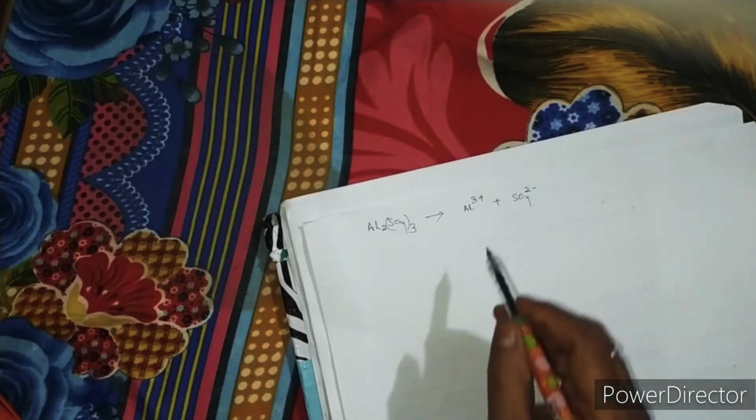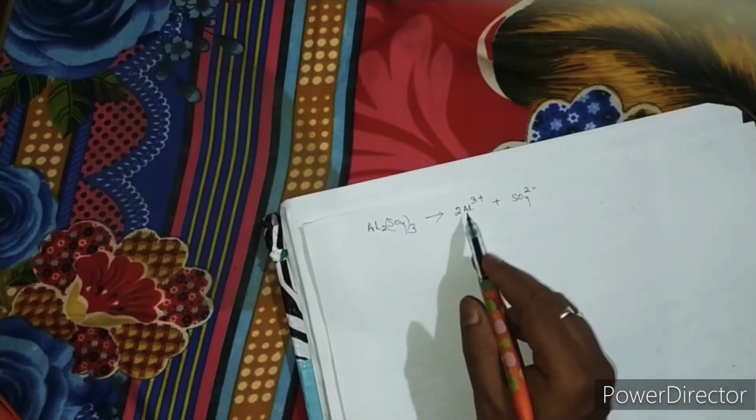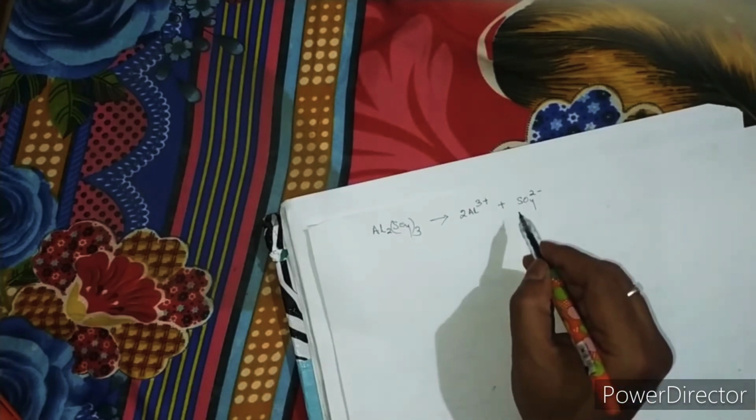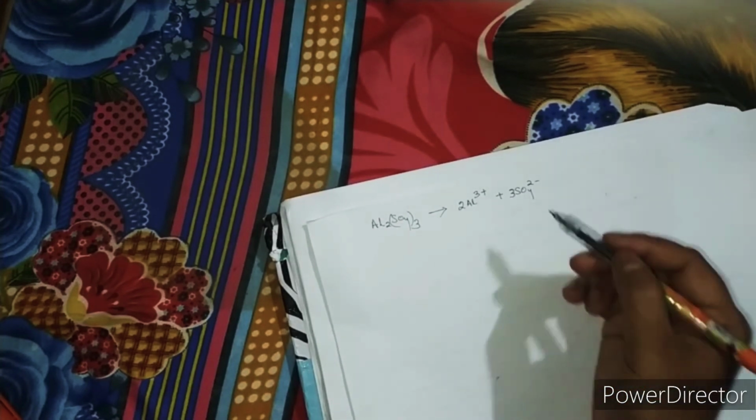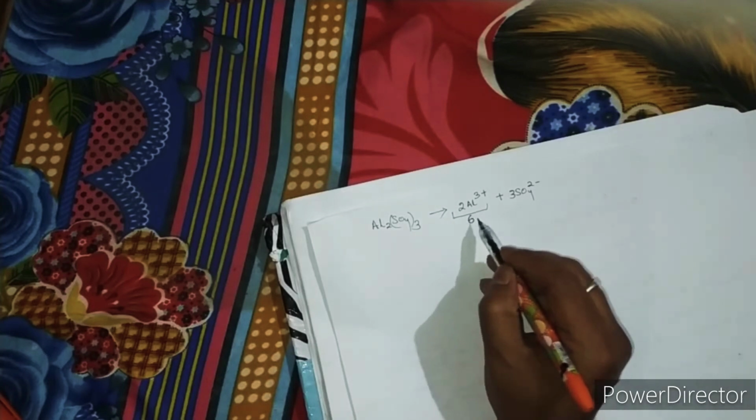That means the number of positive charges must be equal to the number of negative charges. So here 3 positive, then we multiply by 2, that is 6 positive, and here I multiply by 3, then 6 negative. That means total X here is 6.